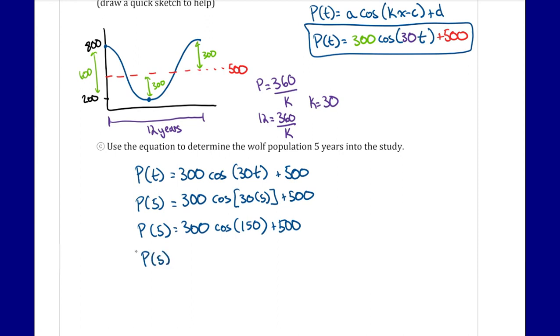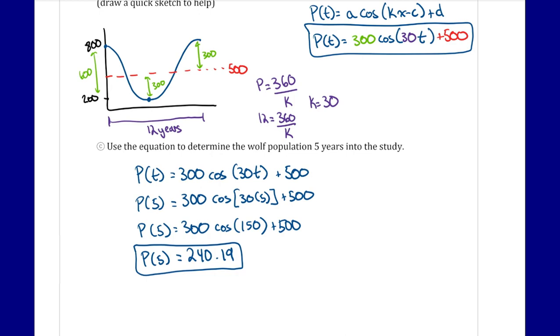P at 5 is equal to 240.19. Let's double check. 240.19. So after 5 years into the study, we would expect 240.19 or 240 wolves in their population.